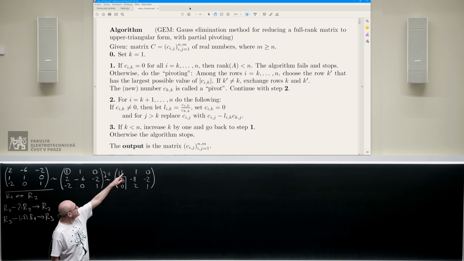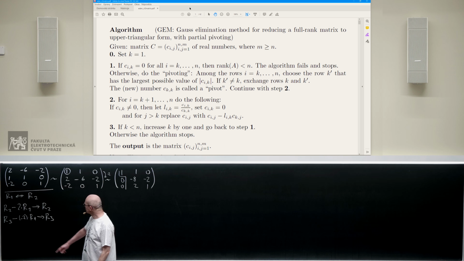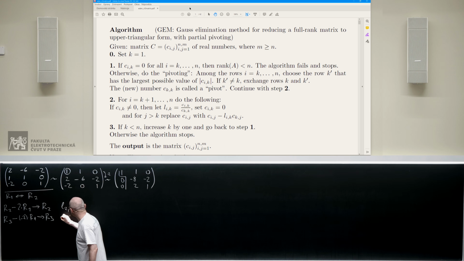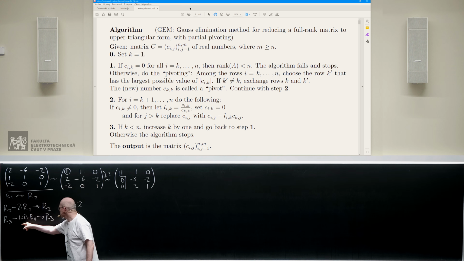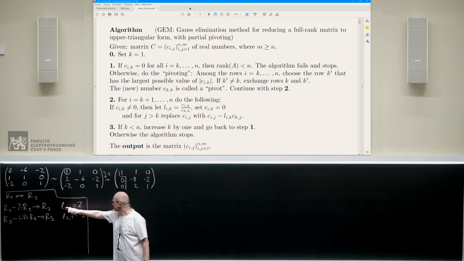So this coefficient Lik describes how many times I'm taking away the pivot row. Here I'm subtracting from the second row a multiple of the first row, and the multiple is 2. And here I'm subtracting from the third row a multiple of the first row, and the constant is -2.